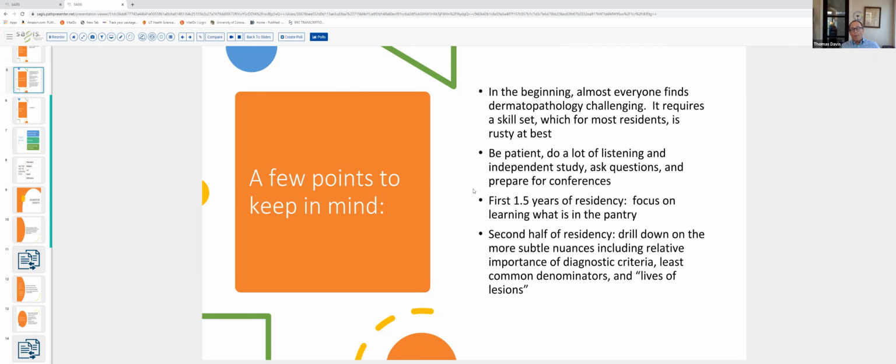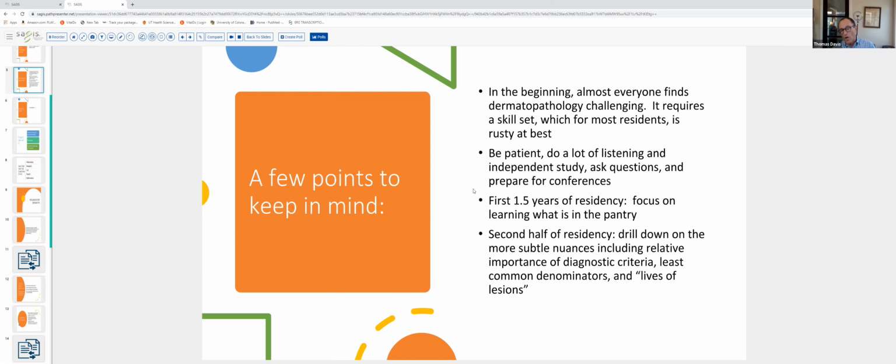A few points to keep in mind. I can't encourage you enough, especially the junior residents or the first years: in the beginning, almost everybody finds dermatopathology quite challenging. It really requires a skill set which, for most residents, unless you've been doing pathology in the interim, is rusty at best.